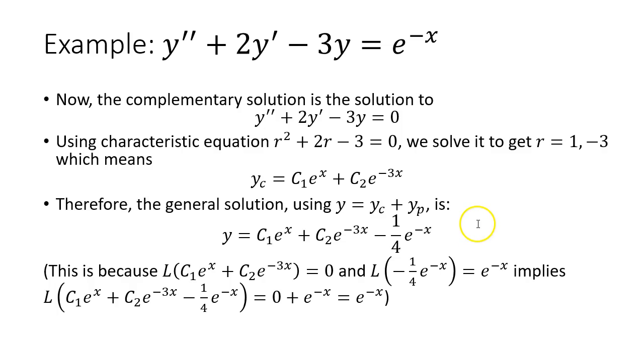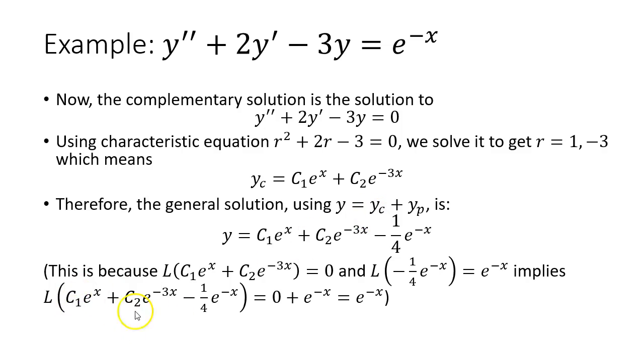Now, to reiterate the idea of linear operators further, think of it like this. L applied to this complementary solution gives you 0 because it's the solution to the homogeneous equation. L applied to this particular solution gives you e to the negative x because it's the solution to this equation.